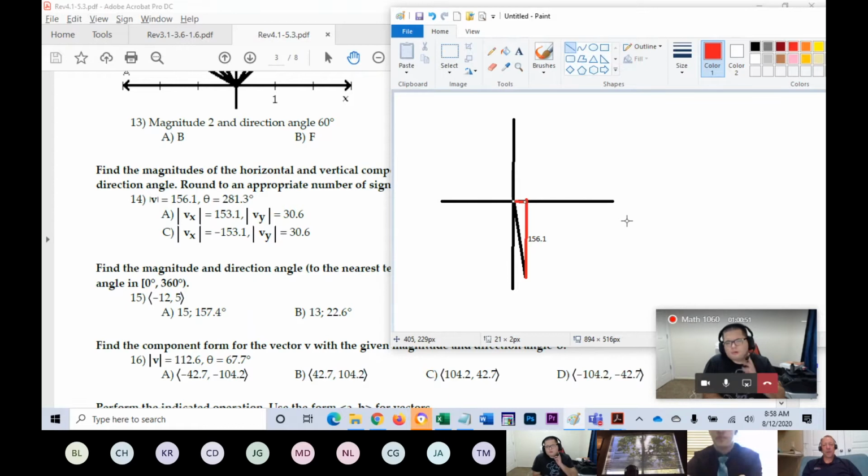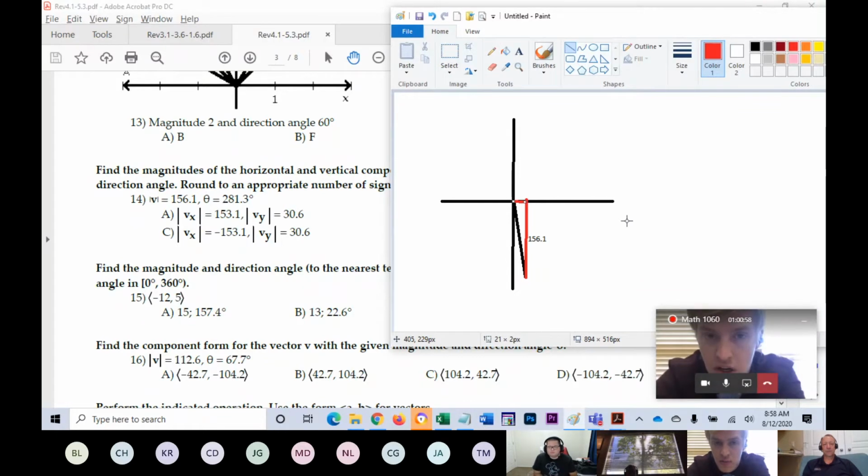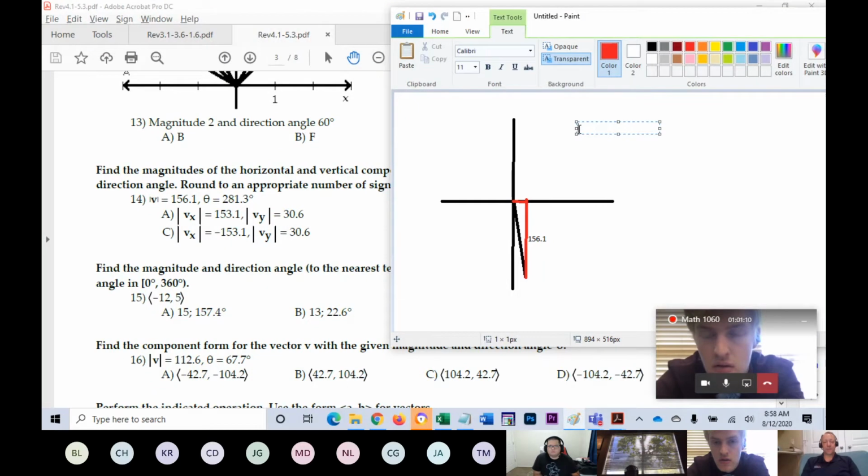Now, assuming we don't have multiple choice, how do we figure that out? Isn't it the 156.1 cosine of 281.3 and then the 156.1 sine of 281.3? Bang. Here, I'll write that down. Say it again.